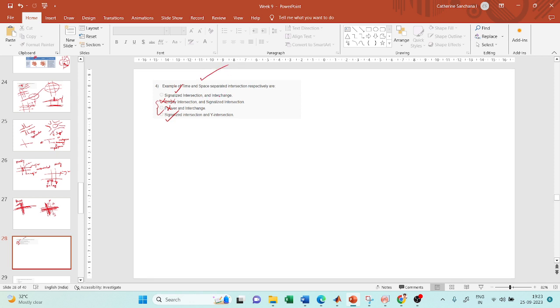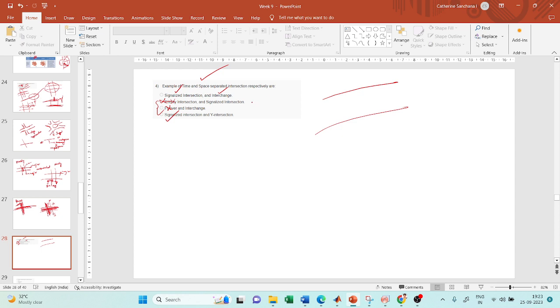So is interchange a space separated intersection? Yes, because interchange is a grade separated intersection. Okay, interchange means you have two roads at different grades. So that is why you call it an interchange. Okay, so yes, it is a space separated intersection.